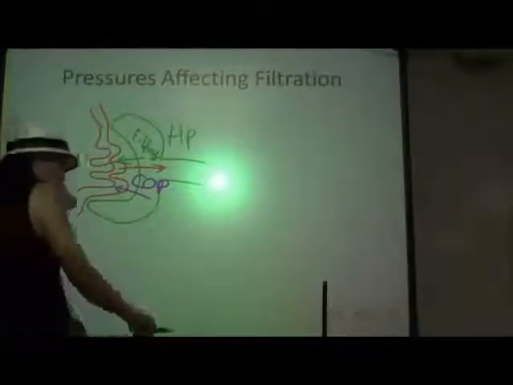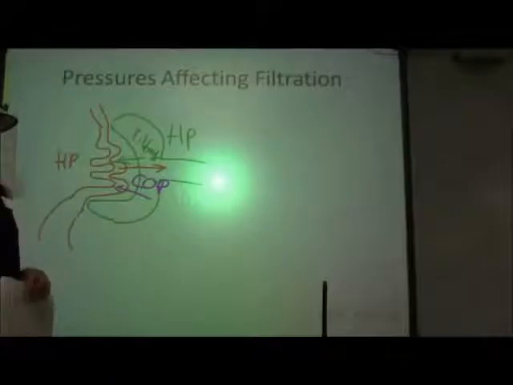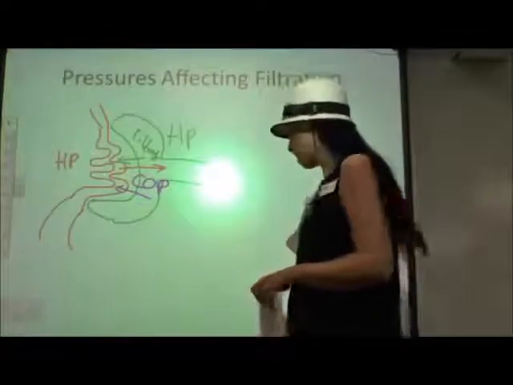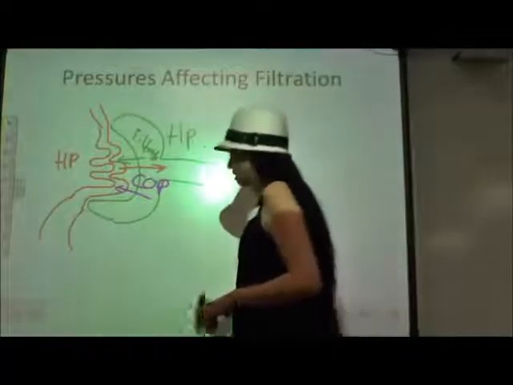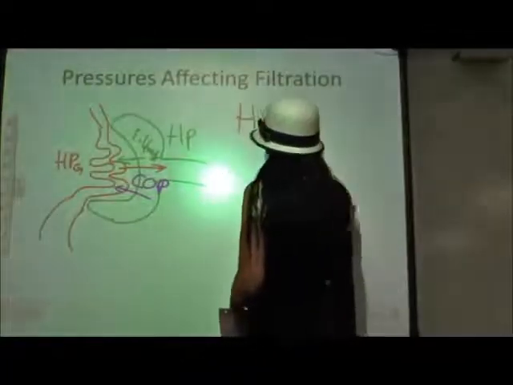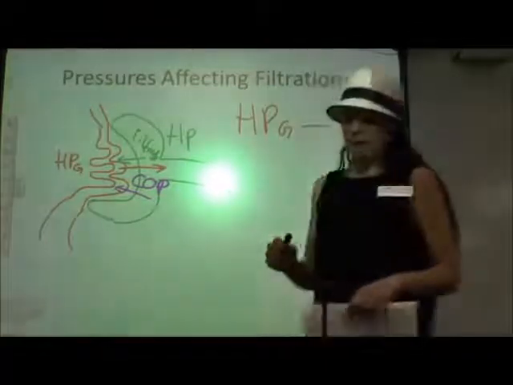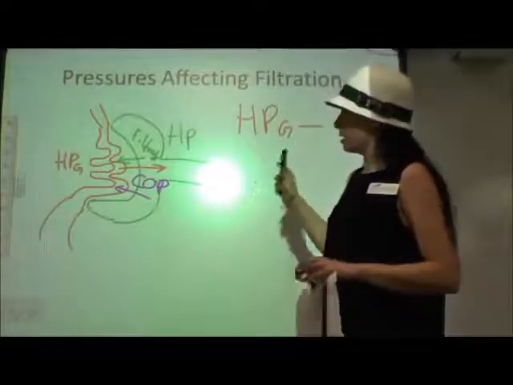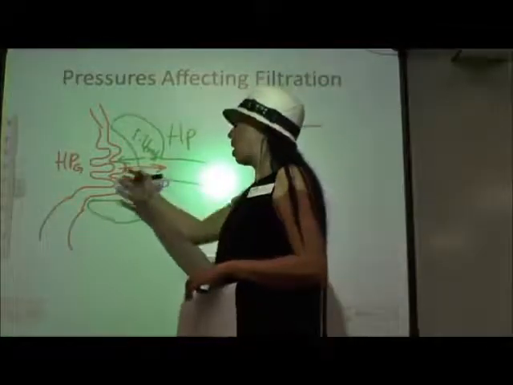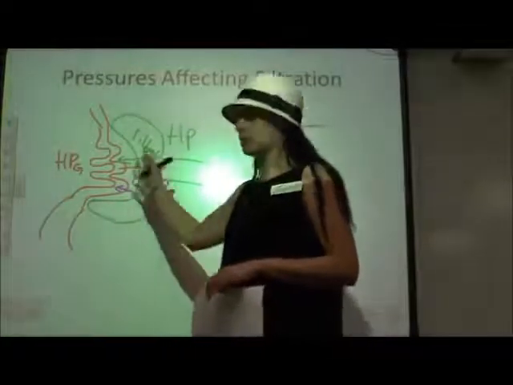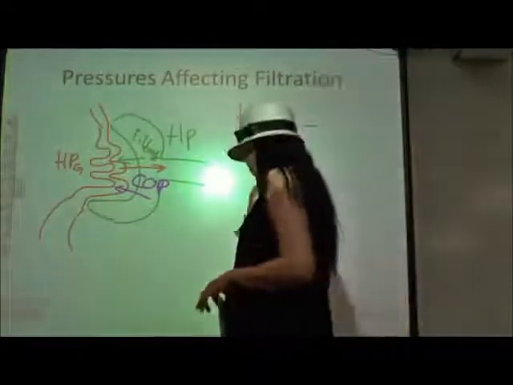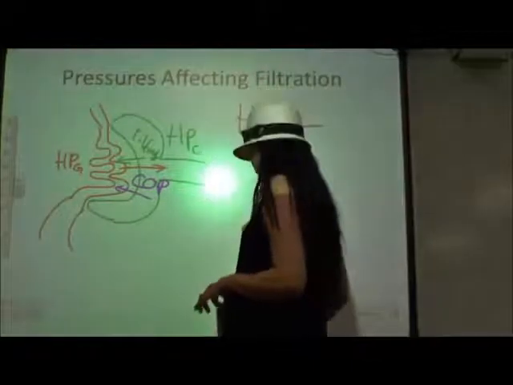So overall, when looking at what's going on in the system, we have to calculate what's called net filtration pressure. And you look at that by taking your glomerular hydrostatic pressure. And then you subtract your colloid osmotic pressure, that is the pull of water basically from the filtrate back into the blood, and your capsular hydrostatic pressure, that is the push of the fluid back into the capsule.